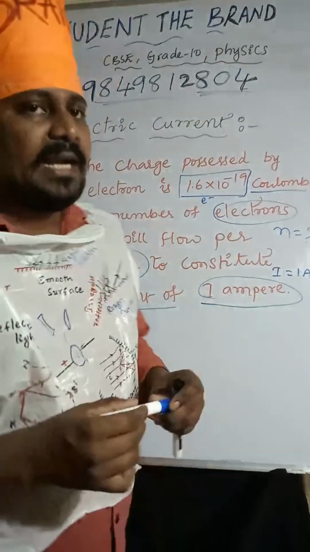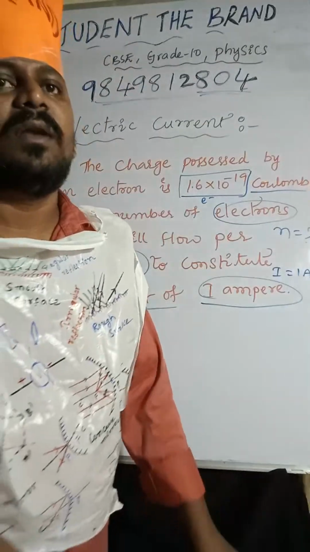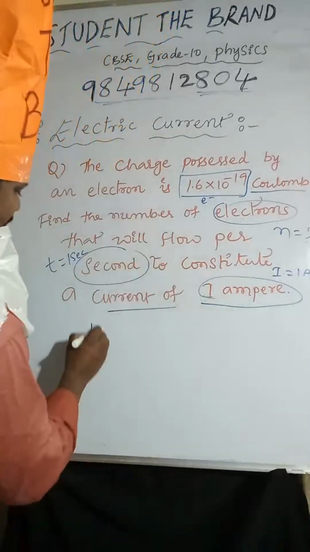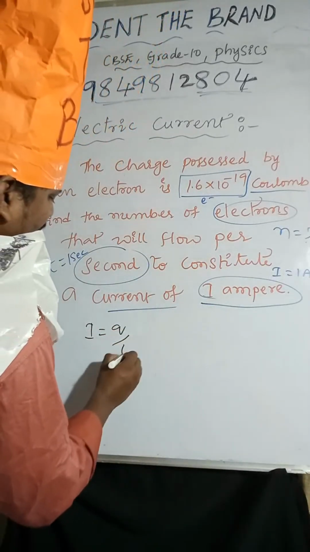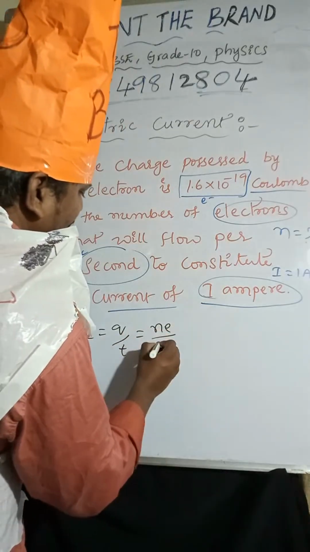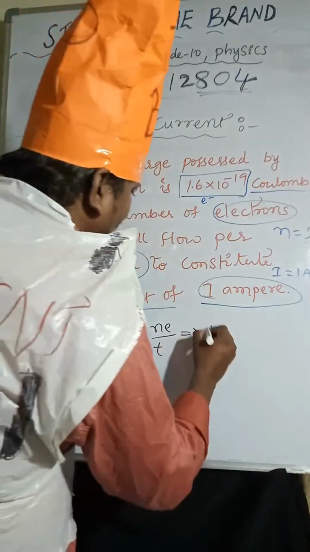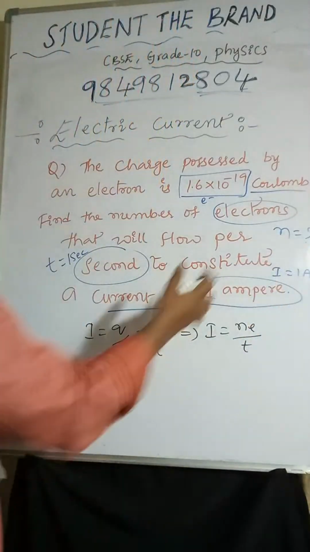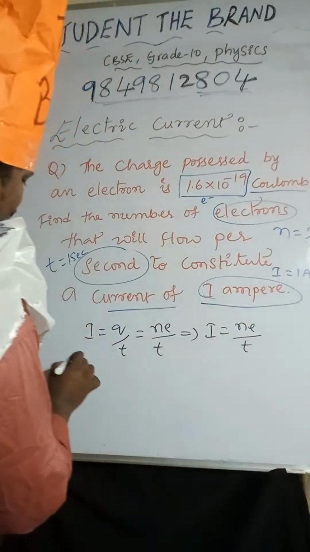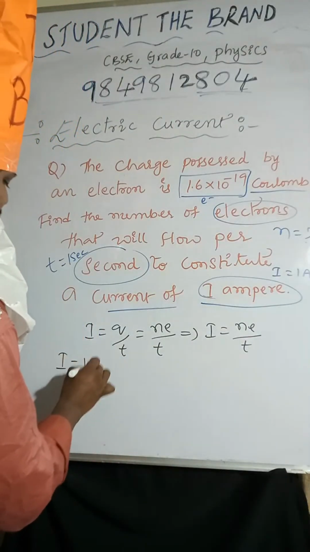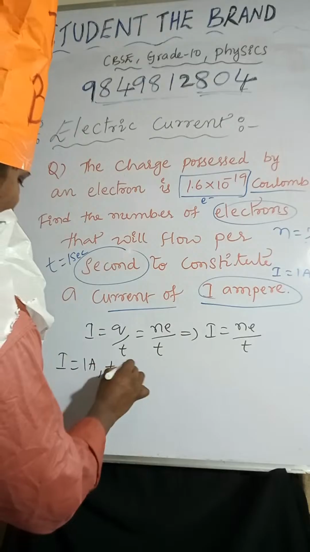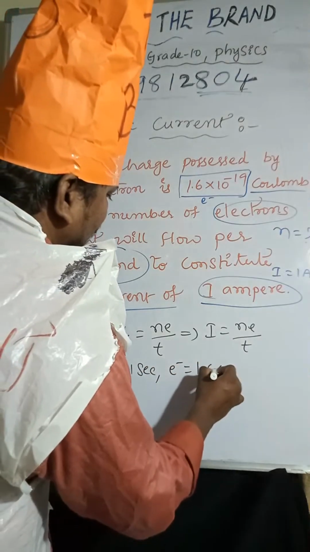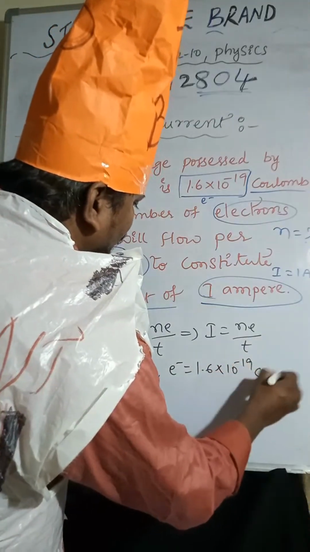Now we can take the formula. The formula is I equal to Q by T, and Q equal to n e, so I equal to n e by T. By the given data, I equal to 1 ampere, time equal to 1 second, and e equal to 1.6 into 10 power minus 19 coulomb.